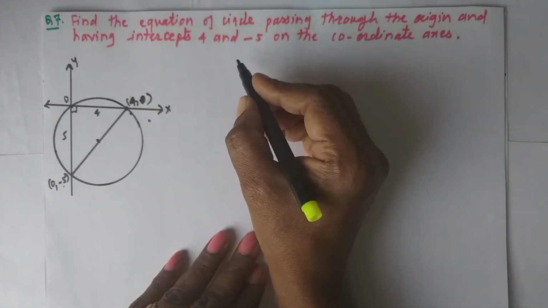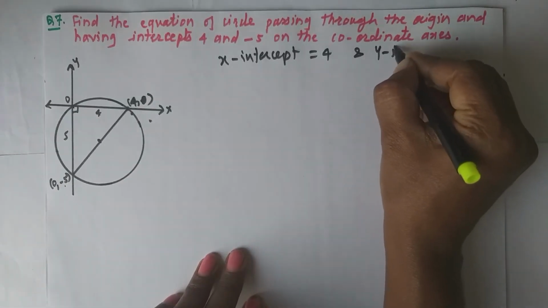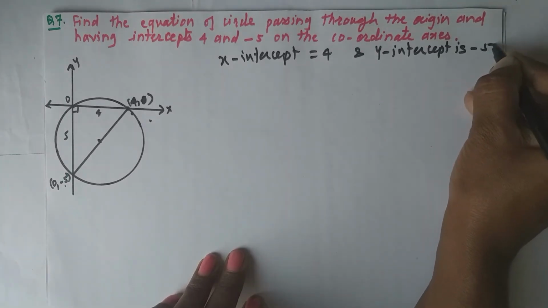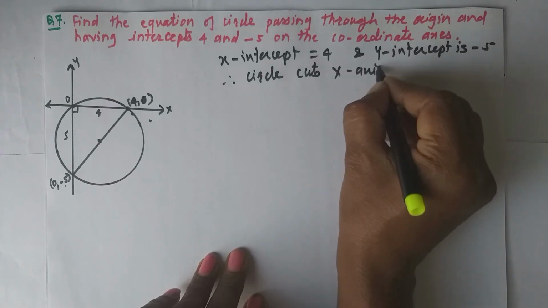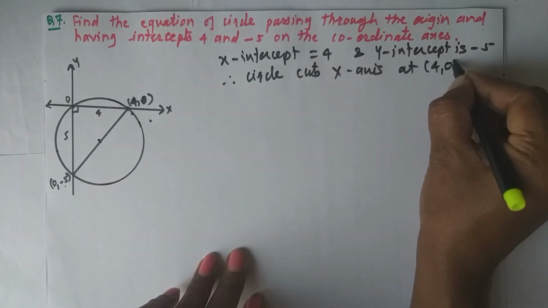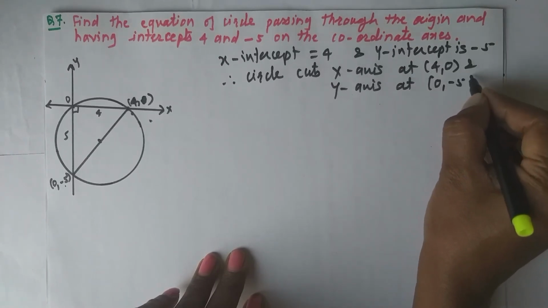Therefore the circle cuts the x axis at (4, 0) and the y axis at point (0, -5).